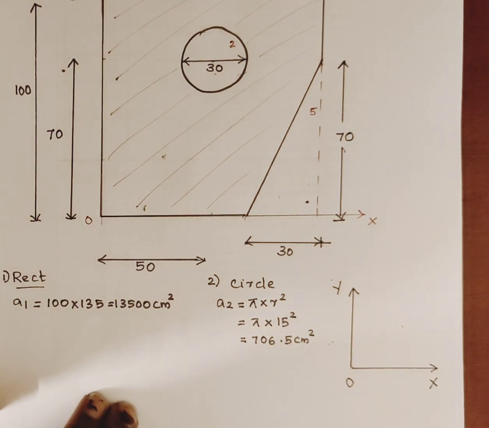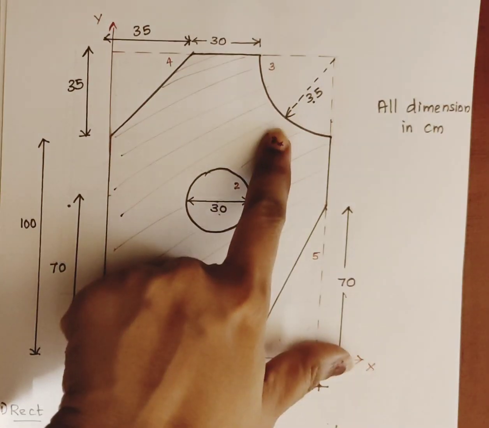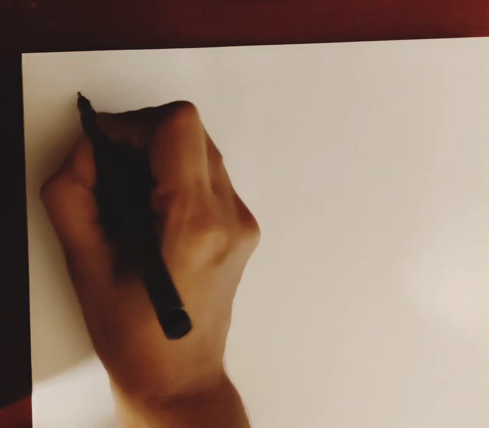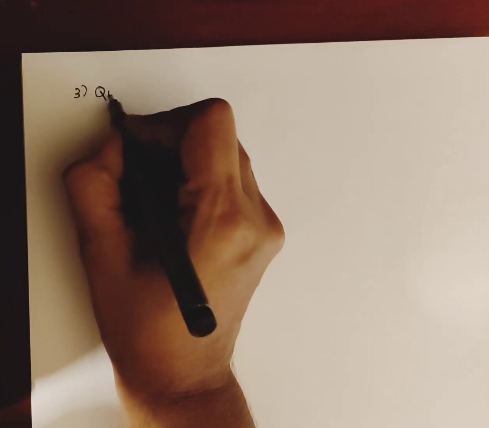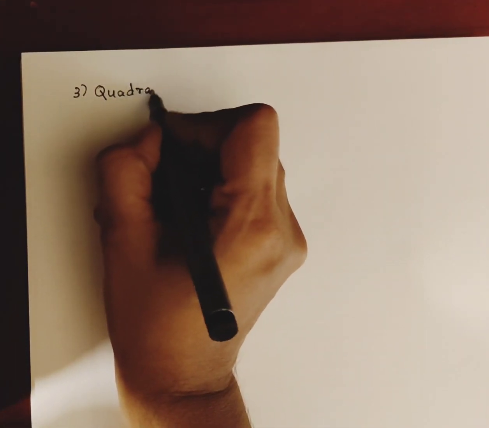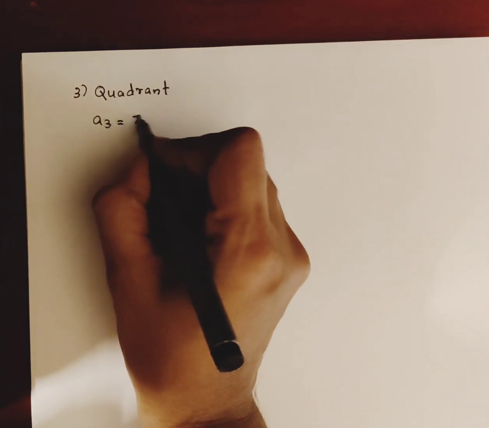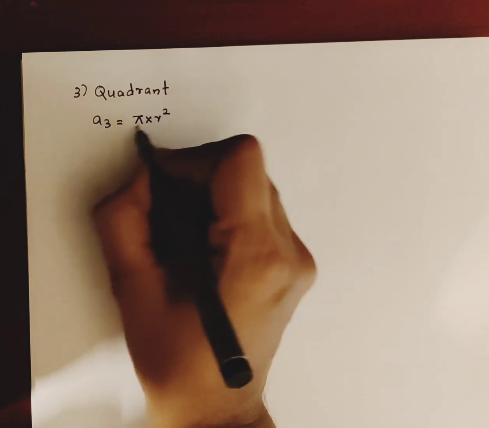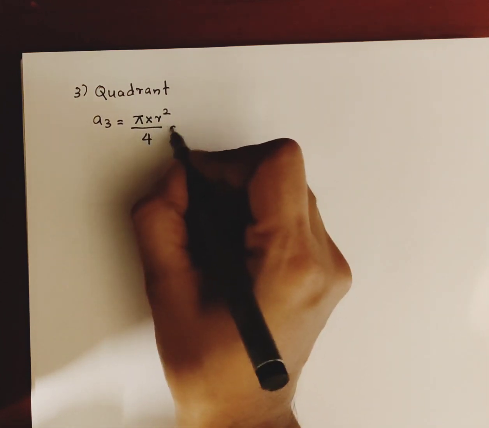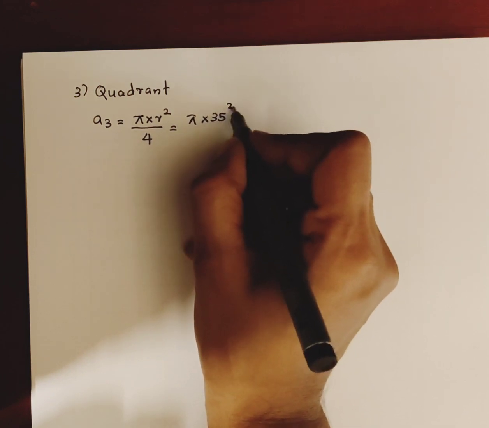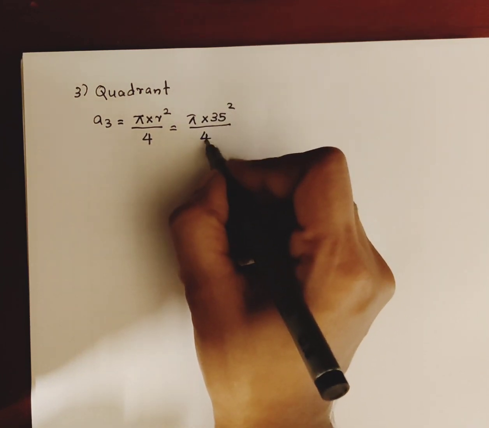Now the third figure is the quadrant. Here the radius of the quadrant is given as 35. So A3 is equal to pi into r square by 4, that is pi into 35 square divided by 4.